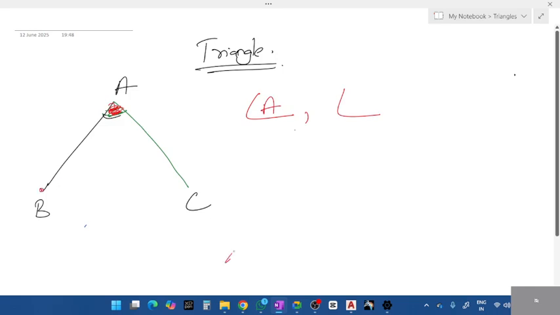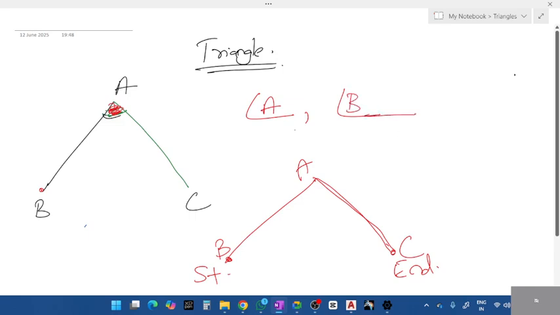From B we started to draw a line, right? Then from B we went all the way up to A, then we came back to C. What is the starting point here? B. What is the ending point? C. So you can even write like this: B, C.